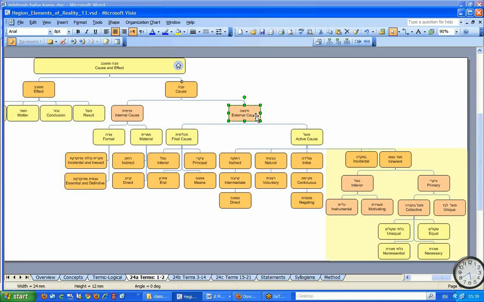So now, when it came to the external cause, like a person doing damage or a person building or making a clay vase, the Ramchal broke it up into 5 different. Actually, I shouldn't go there. There's the person who does the cause and then his tachlis, or the animal that does the cause and tachlis. It doesn't matter.